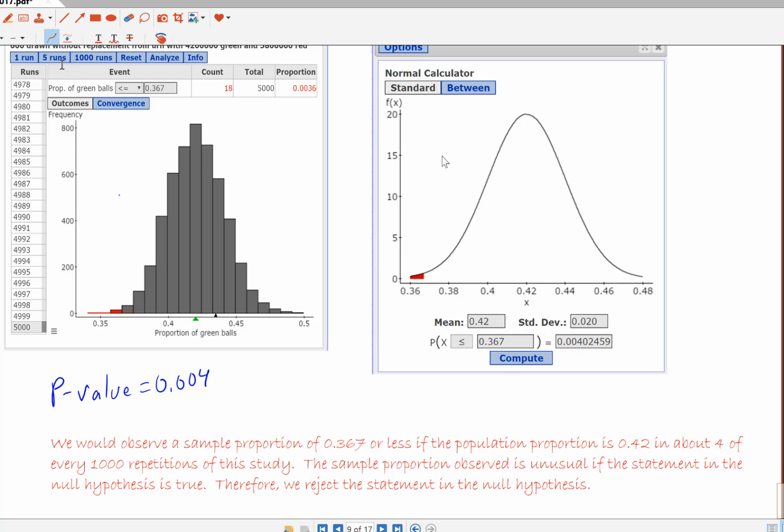How often did we get a sample proportion of 0.367 or less? About 4 times out of 1,000. That is what a p-value measures, and what's awesome about the p-value is that no matter what type of hypothesis test you're using, the interpretation of the p-value is the same.